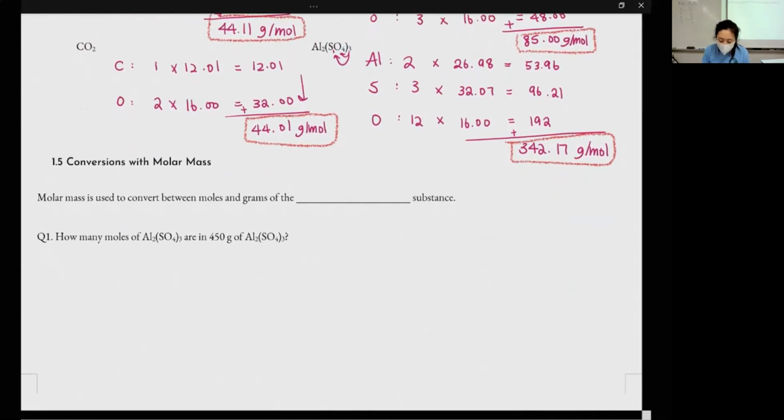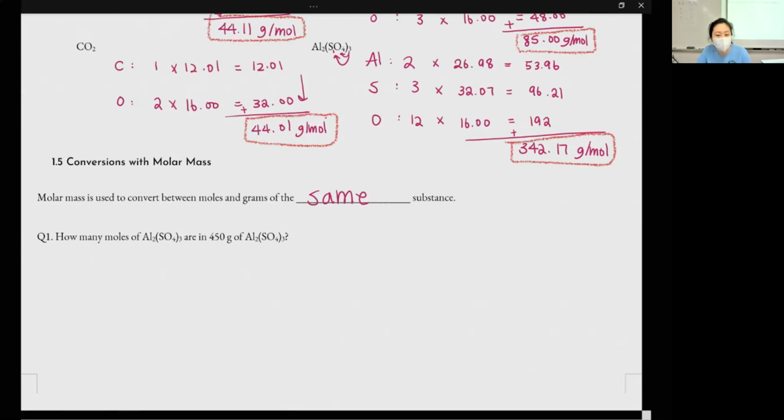Molar mass is used to convert between moles and grams of the same substance.